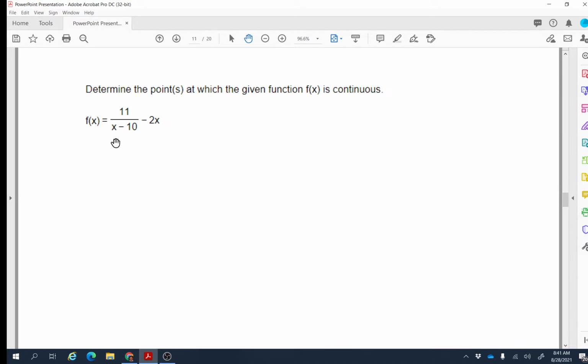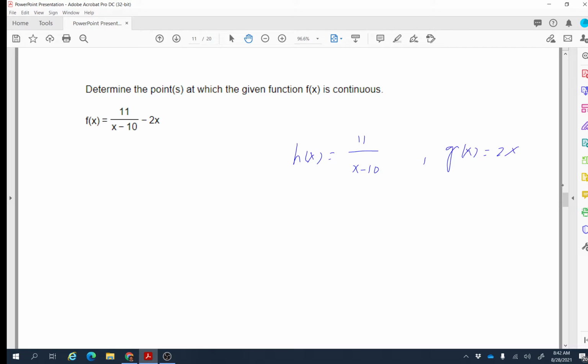Okay, so this is another example. Determine the points at which the given function is continuous. So this is the function we have been given. As you can see, this function is the difference of, let's say, h of x, which is 11 over x minus 10, and g of x, which is 2x. So h of x is a rational function.